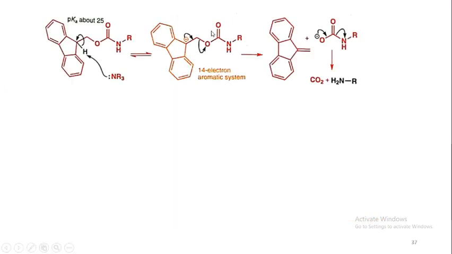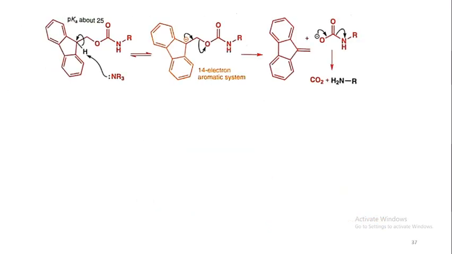This is the deprotection of the FMOC protecting group by using a base like trialkylamine, which can abstract this proton.